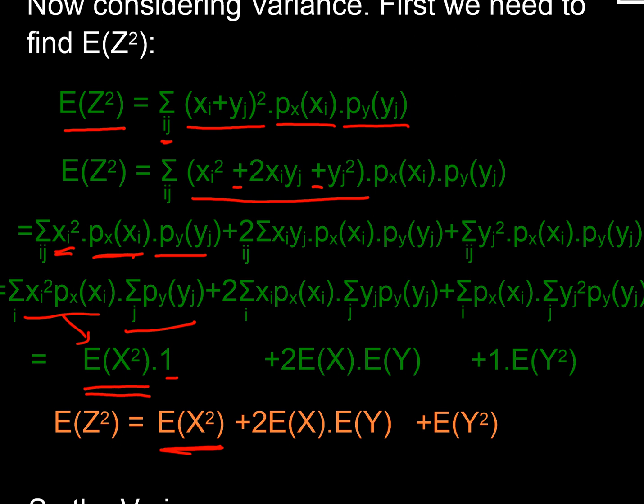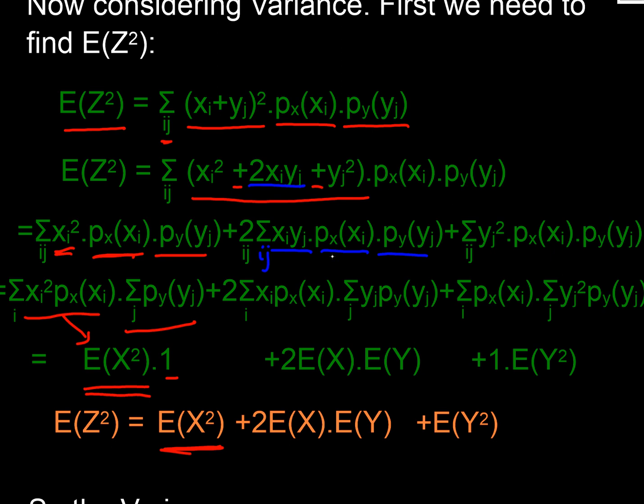Expectation of x squared. Now let's have a look at our middle term here. Our middle term came from our 2 xi yj, and when we split that out, we can take the 2 out the front because that's a constant, and that ij should be under there, really, shouldn't it? There's our ij going under there. And then we've got our probability of xi and our probability of yj.